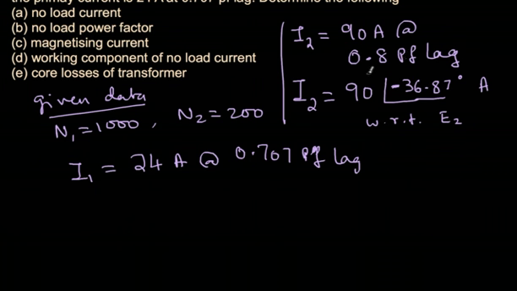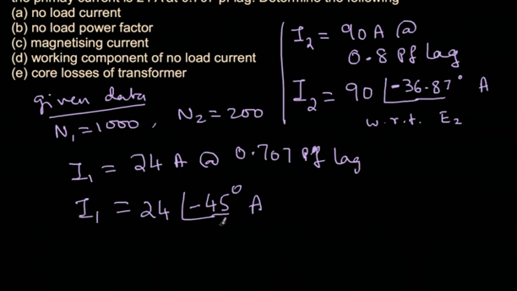So the primary will have an even lesser power factor, as we are able to see here. And 0.707 again should be familiar to you. So it will be 24 at an angle of minus 45 degrees, since cos inverse 0.707 is 45 degrees.